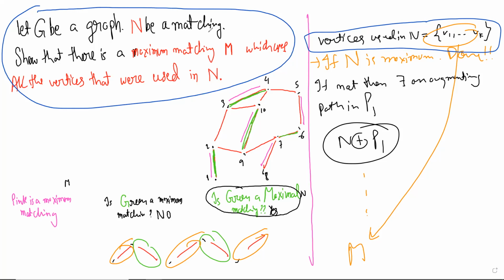Right? So if n is a matching, and so some vertices are saturated, then there is a maximum matching which enlarges the set of vertices, right? Which means that if the set of vertices used in n cannot be enlarged, then it is itself a maximum matching. That's basically the same statement, right?